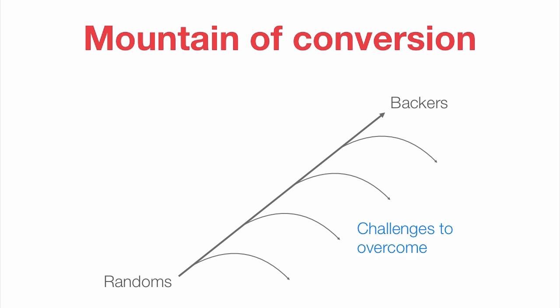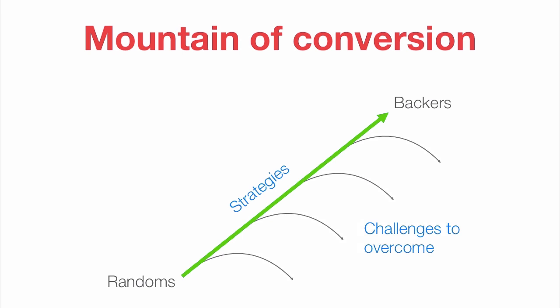There are opportunities along the whole path, from a random person on the internet hearing about a project to actually pledging money. Those reasons not to back a project become your challenges as a campaign manager to overcome, with a bunch of strategies, to hopefully convert as many people as possible.